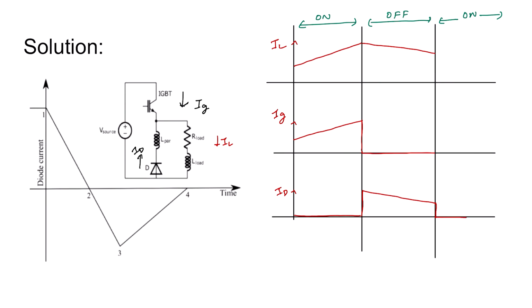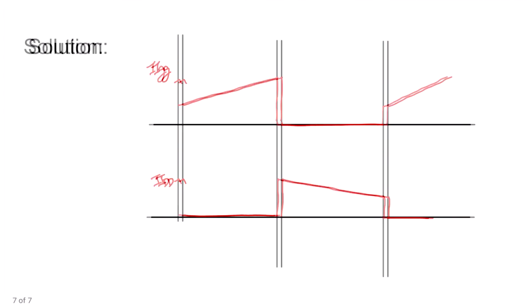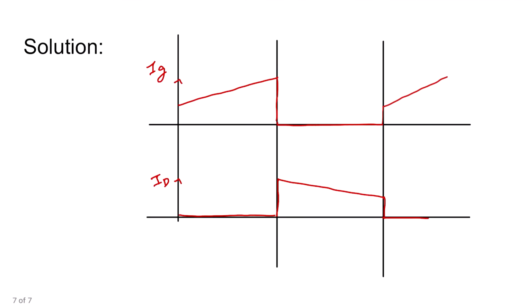Now that we have looked into the ideal switching waveforms, let us introduce the non-idealities, that is, reverse recovery characteristics of the diode of interest. So, when the IGBT is turned on again from the off state, the diode current does not become 0 immediately.